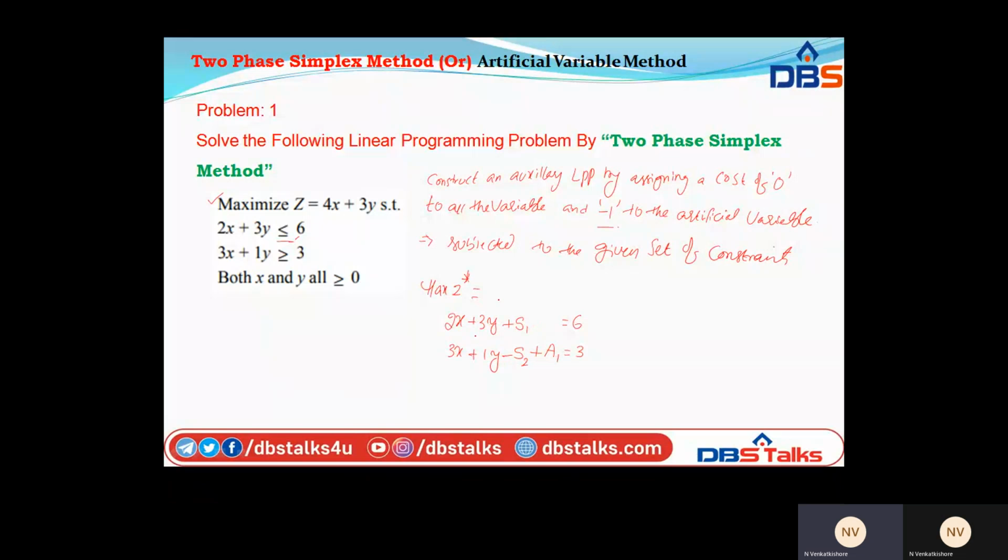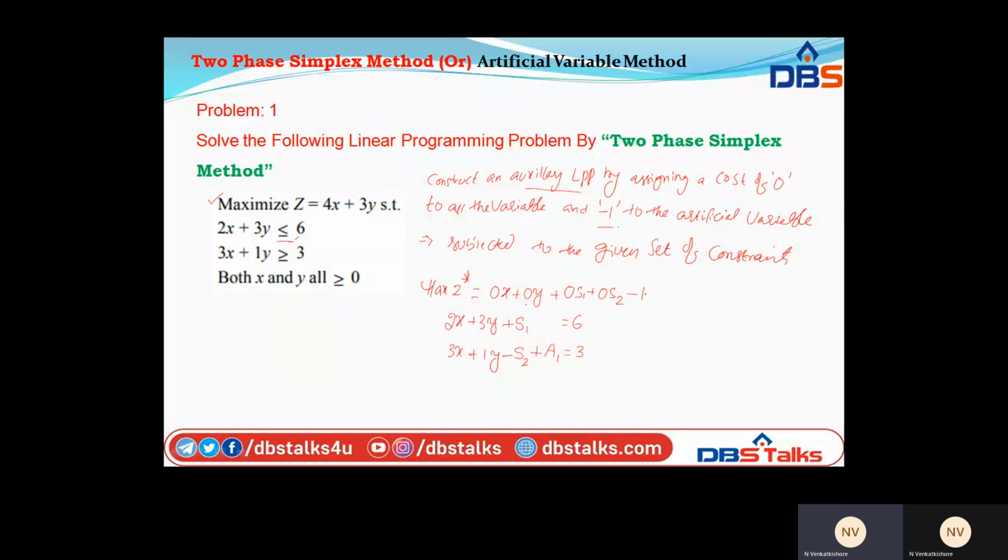Then corresponding to that, what is the LPP? The auxiliary LPP will be, for all the constraints, 0x plus 0y plus the other variables we are having, S1, S2, plus the artificial variable, which will have only -1.